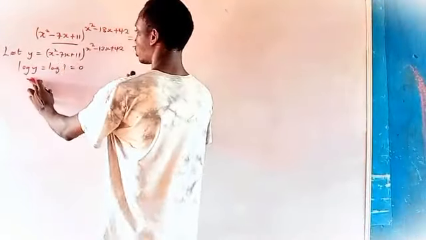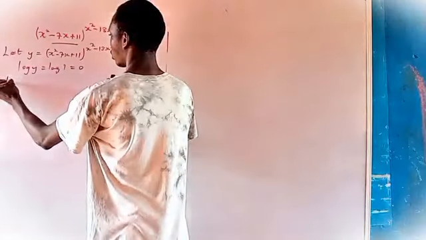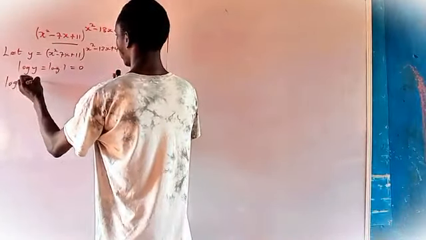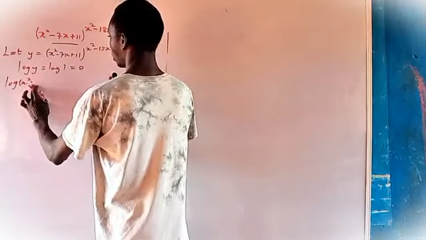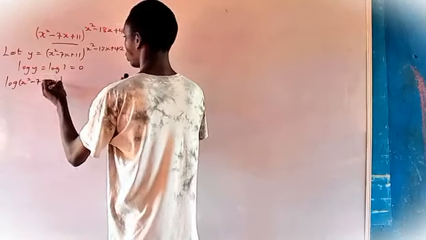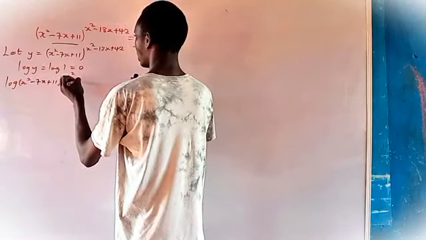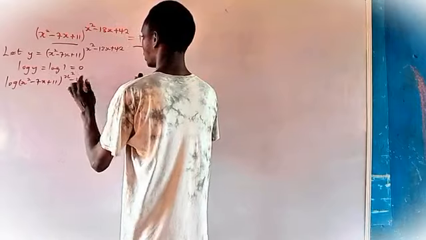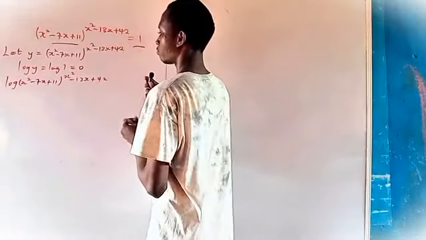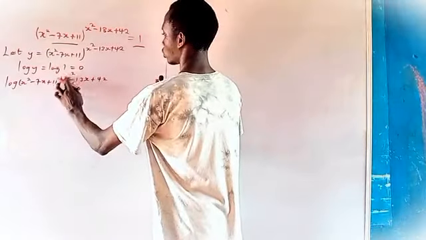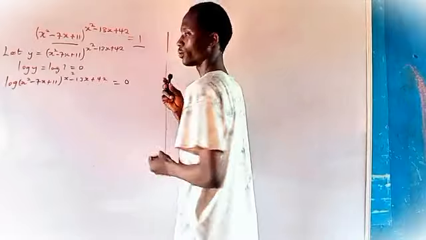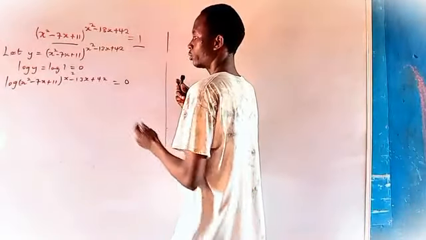But now let's substitute the value of y back. That means I have log of (x^2 - 7x + 11)^(x^2 - 13x + 42) equals 0.